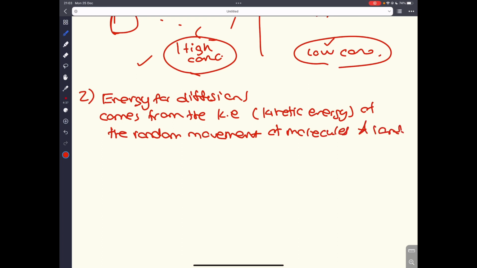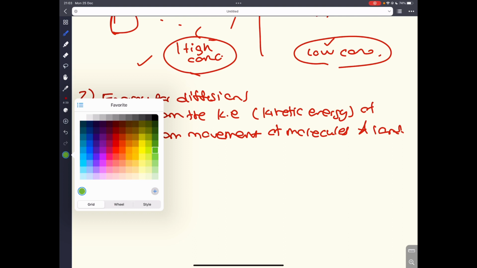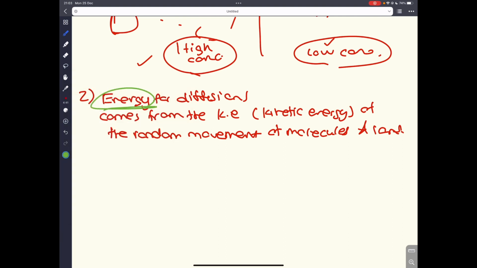What I've just said is that for diffusion to take place, there must be energy. This energy comes from the kinetic energy of the random movement of molecules and ions. Remember, when there is movement, there is always kinetic energy.